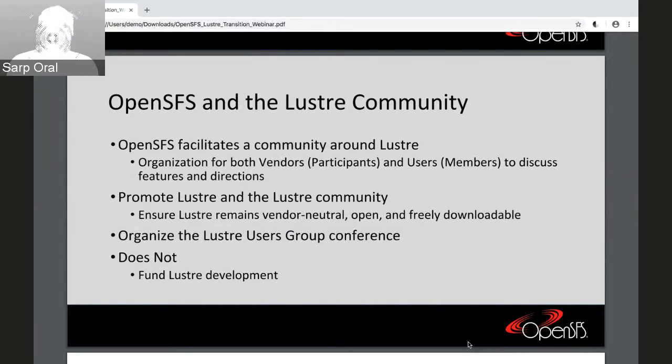One thing we don't do is fund Lustre development as we did in the past. We are no longer in that business, but we are trying to shepherd individual development efforts from the users and organize that information and relay that to the vendors in terms of feature requests and enhancement requests.